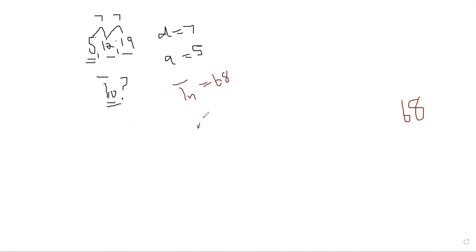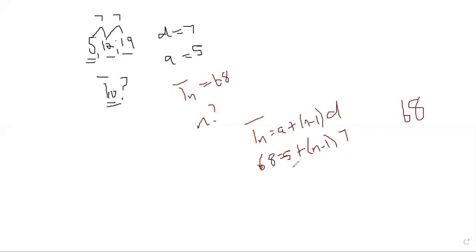You would do the same thing: A plus n minus 1, multiplied by d. You substitute 68 for Tn. Your A is still 5, plus n minus 1, where n is what you're looking for, multiplied by the difference, 7.